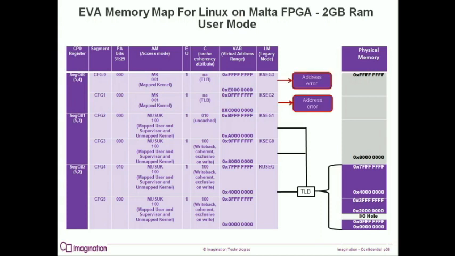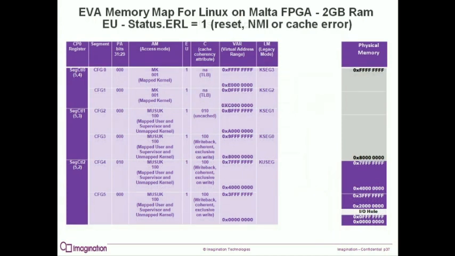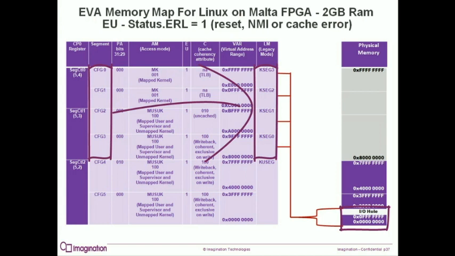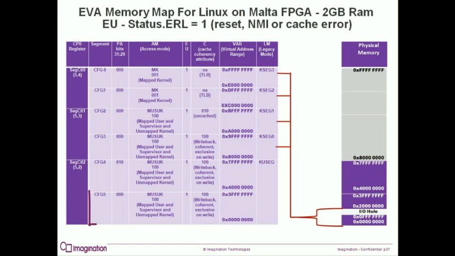Here is the map for error conditions: reset, NMI, or cache errors. Segments CFG 0, 1, 2, and 3 correspond to the old KSEG 3, 2, 1, and 0 respectively, and all direct mapped to the lower 512 megabytes of physical address, including the low 256 megabyte of RAM and I/O space.